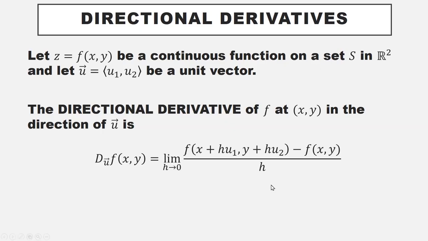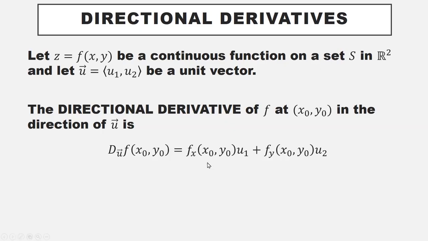What's going to be useful for us is the actual directional derivative equation. So we start with that exact same assumption that we have a continuous function on a set in R2. We have a unit vector. By the way, it is very important that we're using a unit vector here.